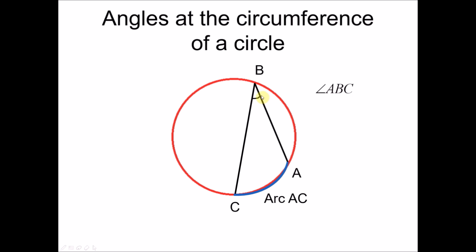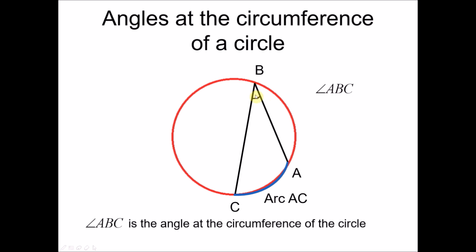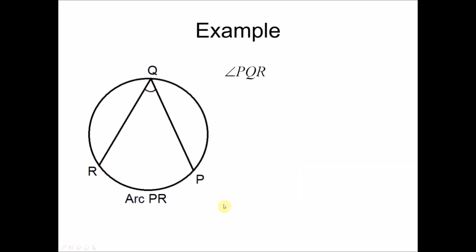So when we want to describe this angle, we can say that angle ABC is the angle at the circumference of the circle subtended by the arc AC. So this is how we describe this angle in this situation. Angle ABC is the angle at the circumference of the circle subtended by the arc AC. We try more examples. So now we have another two chords here, which forms an angle.